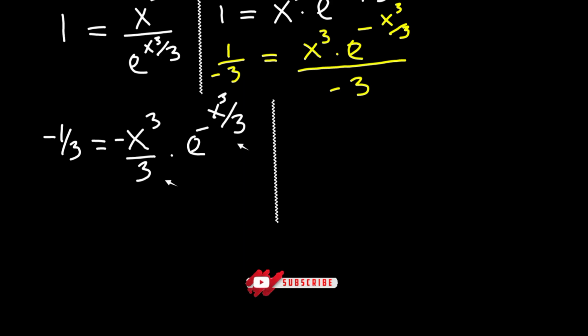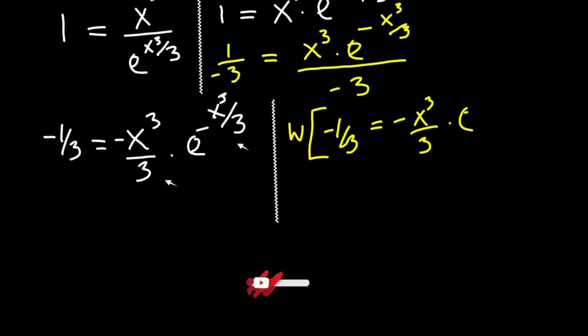So we're going to be taking the W function of the equation. We have W function of minus 1 over 3 equals minus x cubed all over 3 times e to the power of minus x cubed all over 3.